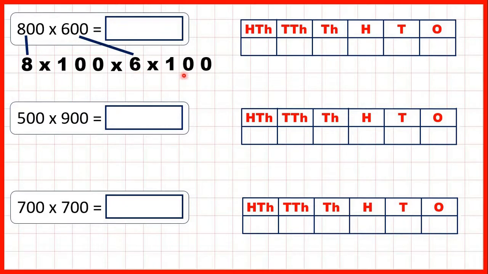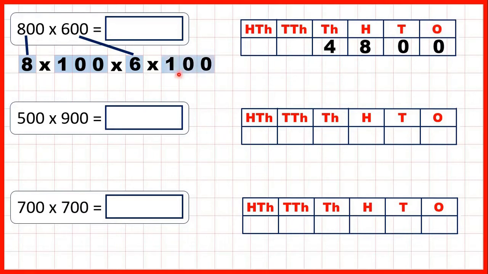Now to see why this method works, remember 800 is 8 times 100, and we're multiplying by 600, which is 6 times 100. But remember, with multiplication, order doesn't matter, so we can do 8 times 6 first to get 48. Then we know that when we multiply by 100, digits move 2 place values to the left, and then we can write 2 zeros on the end in our tens and ones column.